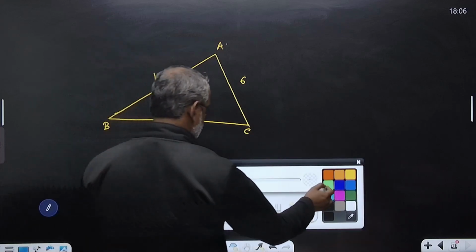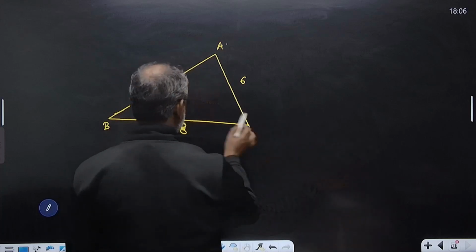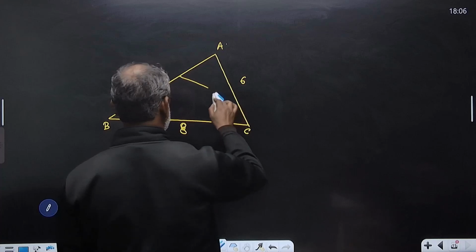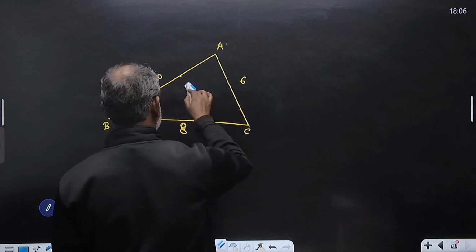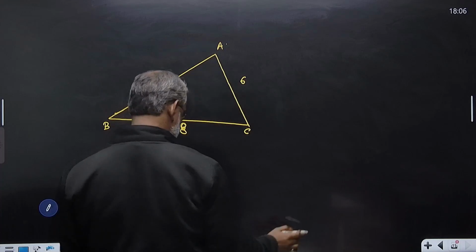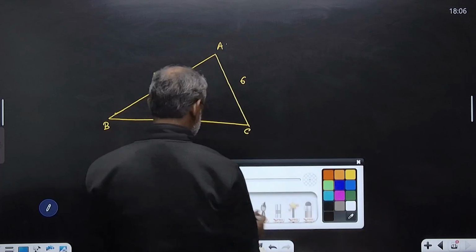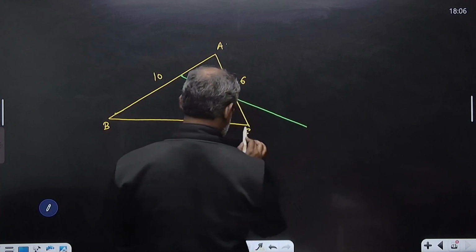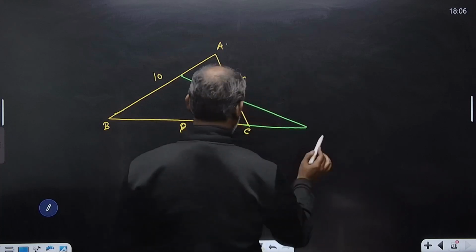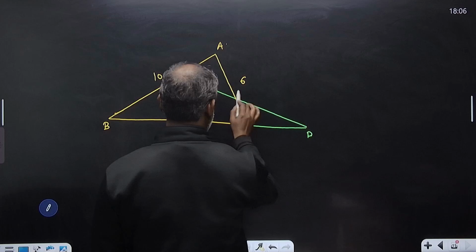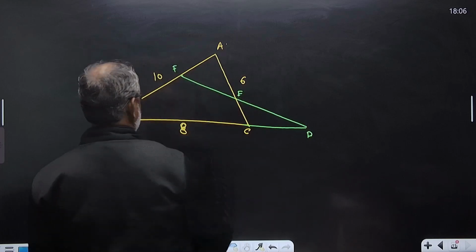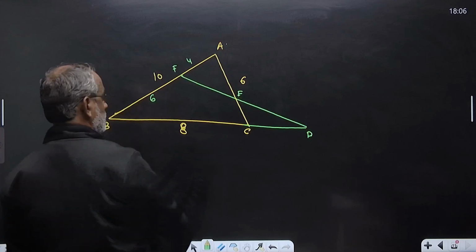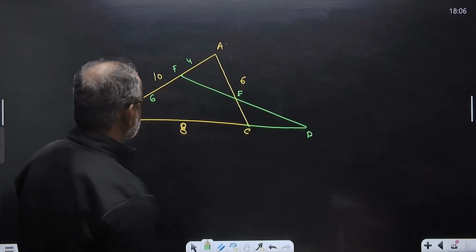And let me draw a line, say D, E, F. So this is 4, this is 6.